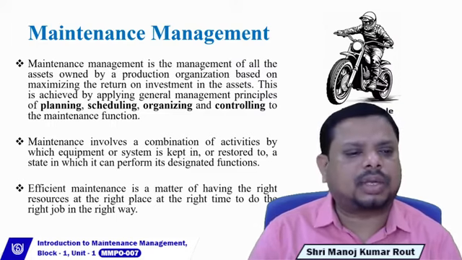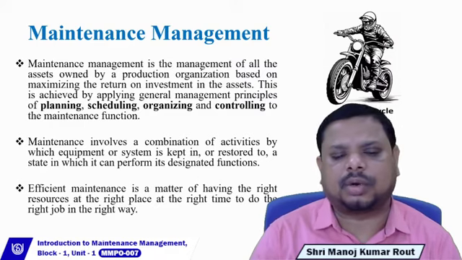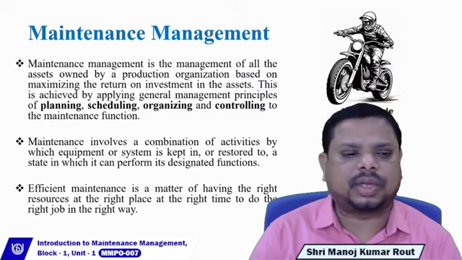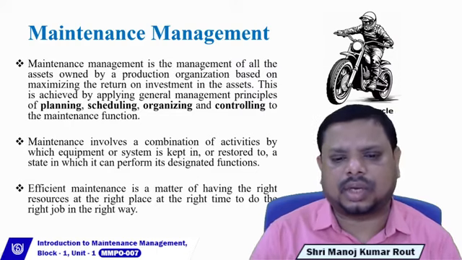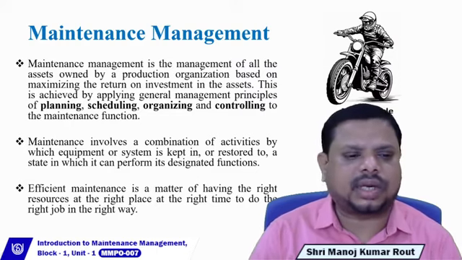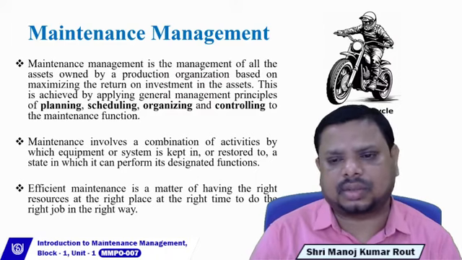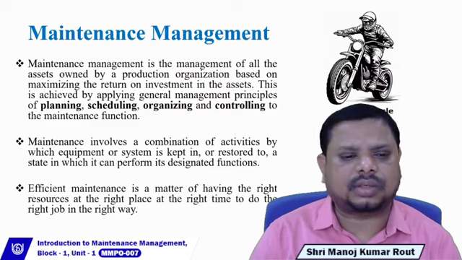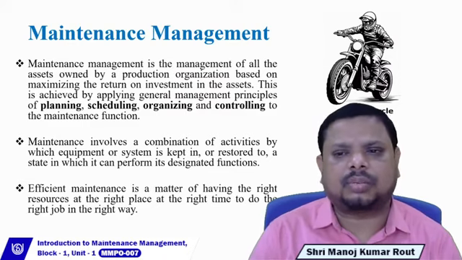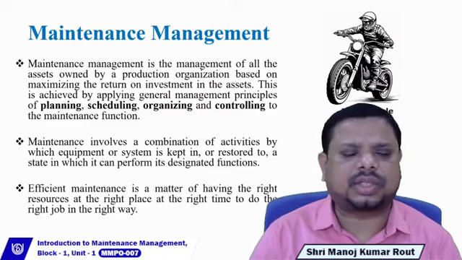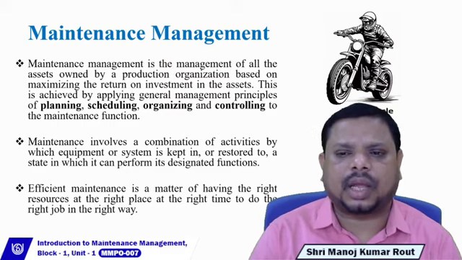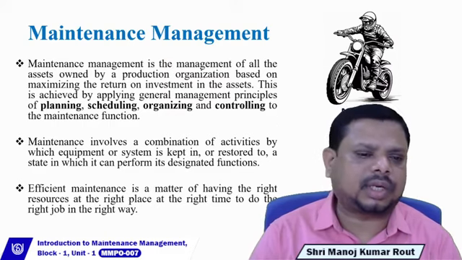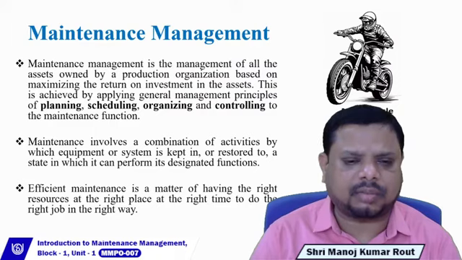The next important part is that maintenance basically involves a combination of activities by which equipment or a system is kept in, or restored to, a state in which it can perform its designated functions. In a similar manner, most manufacturing organizations use a combination of activities performed by a team, and that department is designated the maintenance management department.